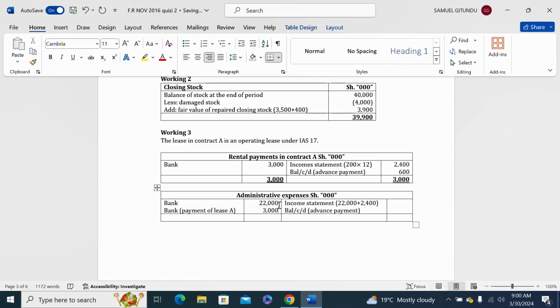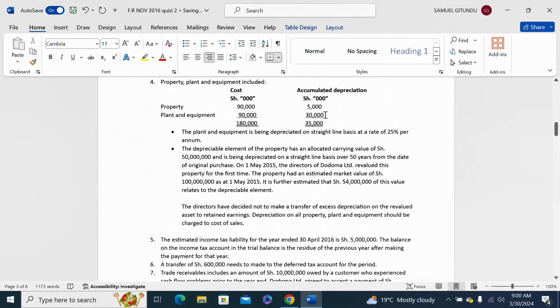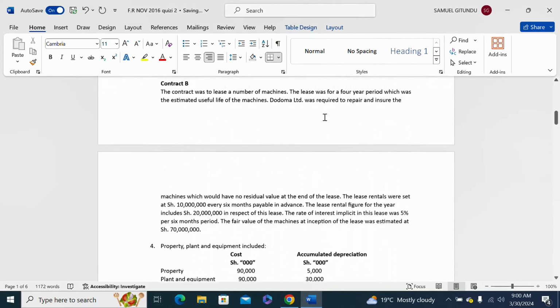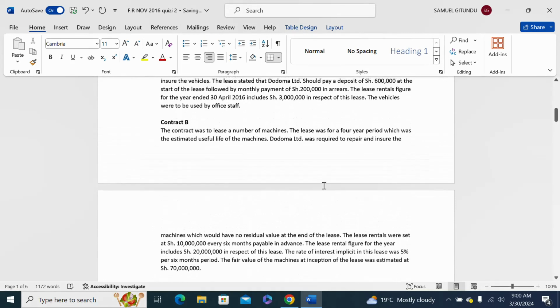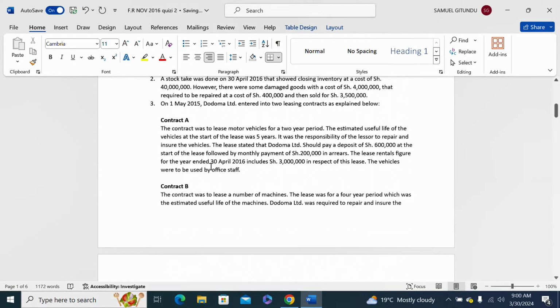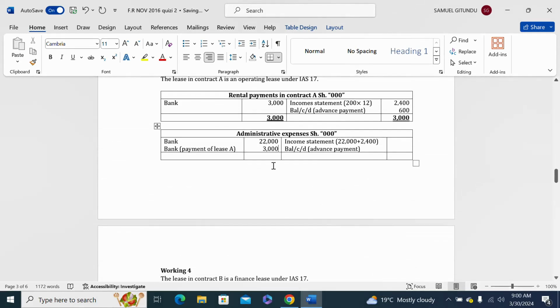We are still doing contract A. Let us go to that additional information. We have been told that the rental figure for the year ended 30th April 2016 included shillings 3 million in respect of this lease. That is why we are putting 3 million here.